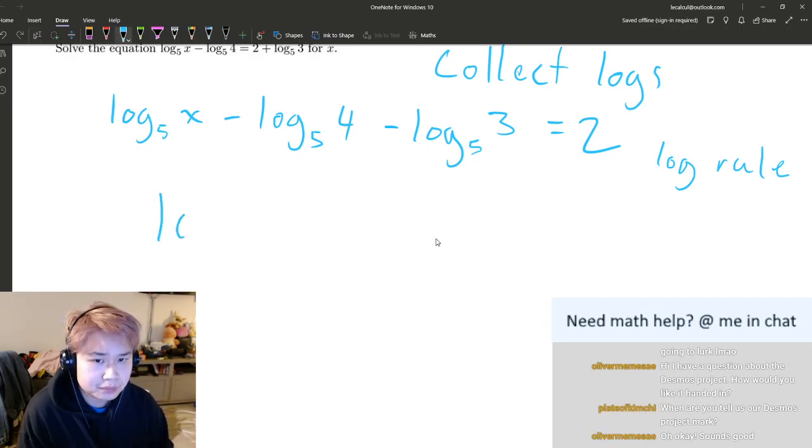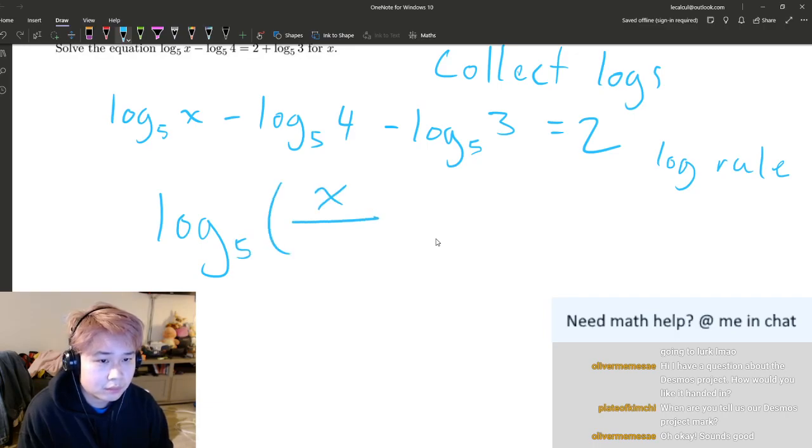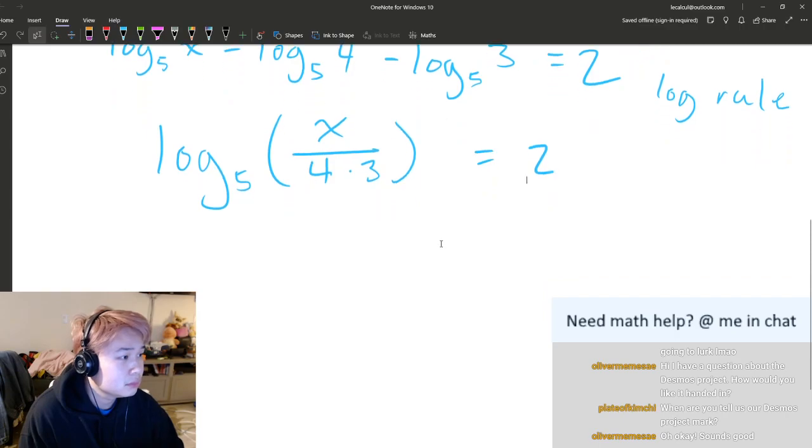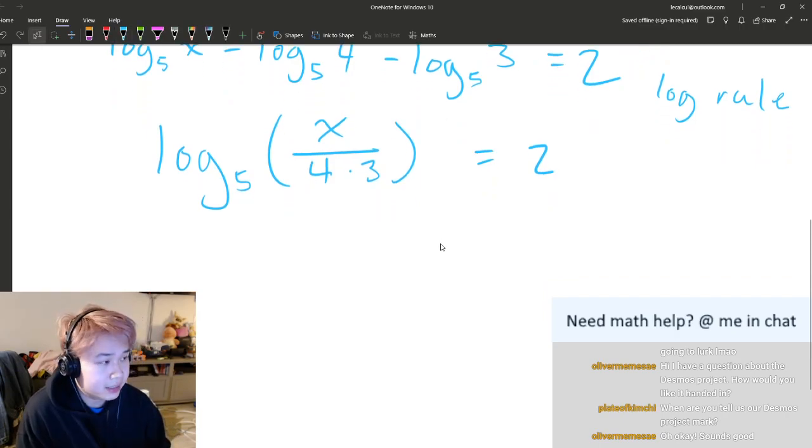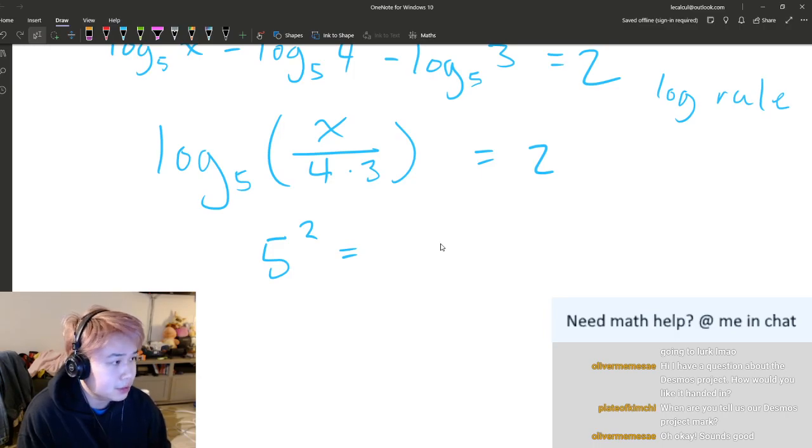So I would take the x and then I would divide by the 4 and by the 3. And this is equal to 2. So in other words, what this is saying is that if we convert this to exponential form, 5 to the power of 2 should result in x divided by 4 times 3, which is 12.